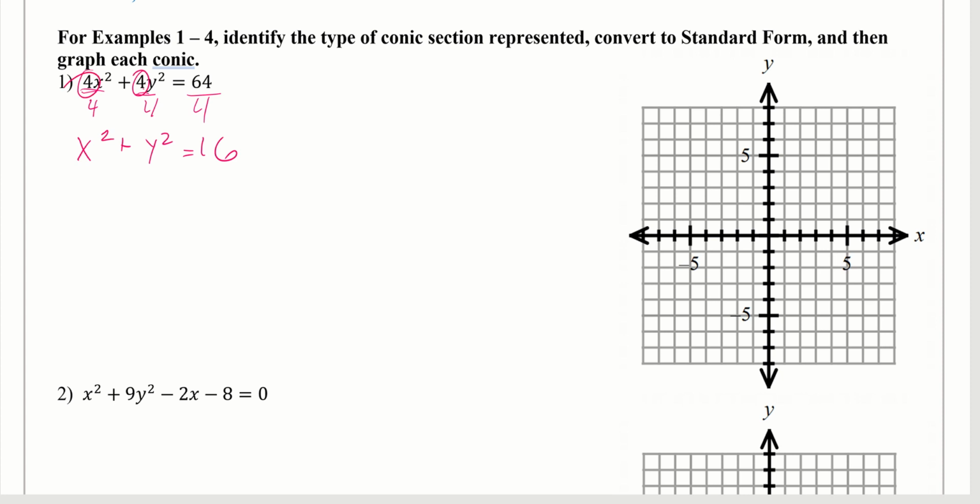If they match, it's a circle. If they don't, then we're dealing with an ellipse, which we'll check out later. A couple of highlights: center, we don't have an H and K, so my center is going to be (0, 0). My radius squared is equal to 16, so therefore my radius is going to be 4.